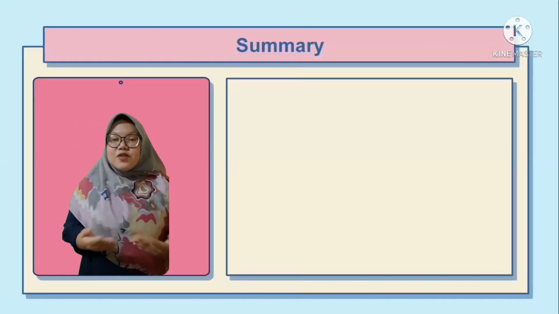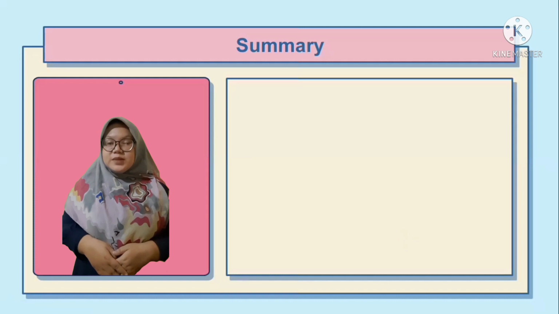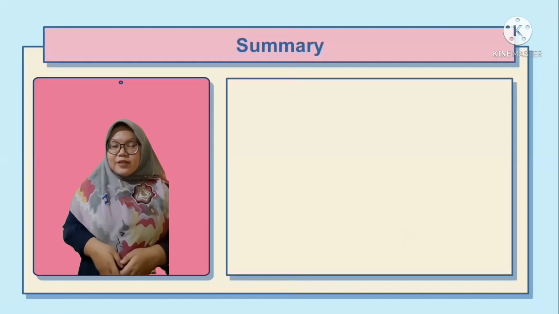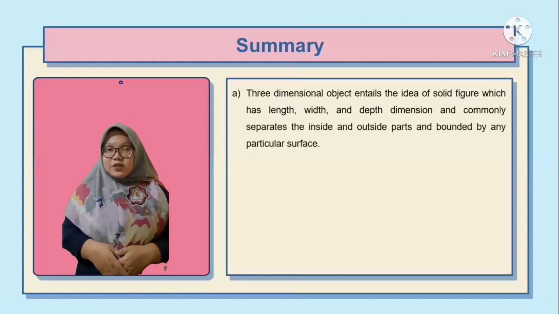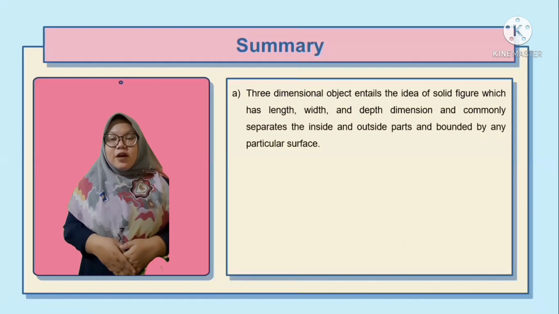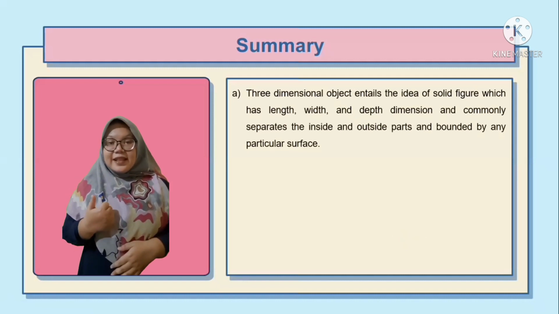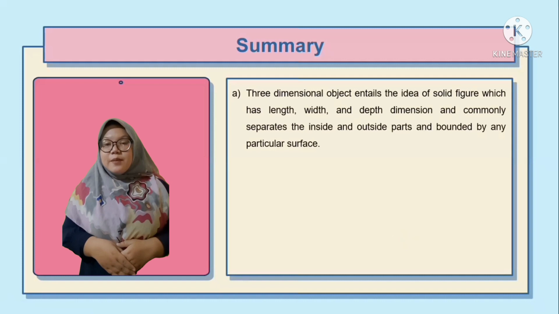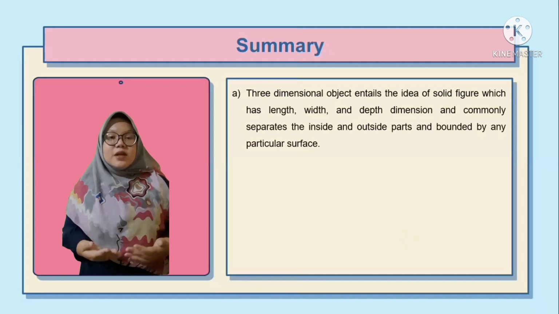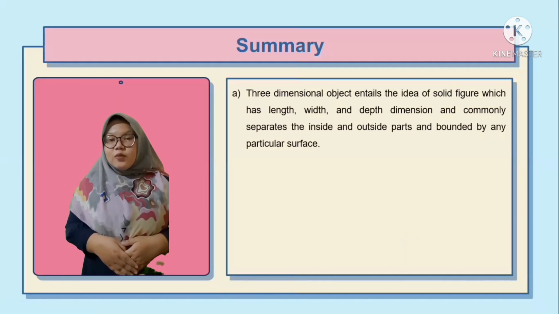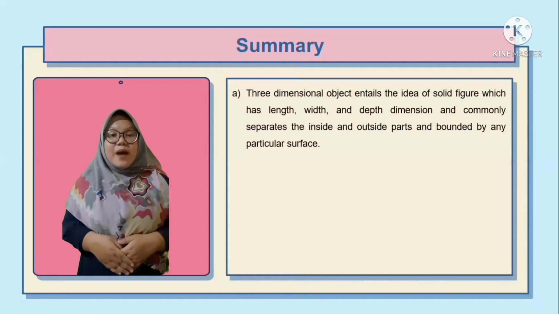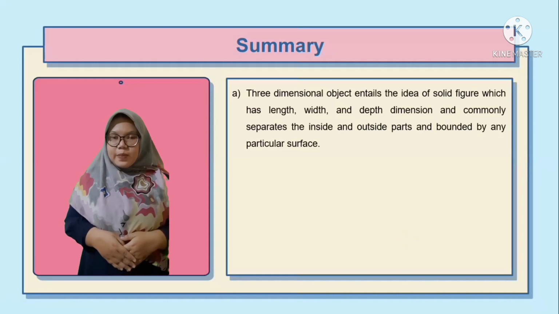Okay guys, from the exploration of three-dimensional objects, we can conclude that first, a three-dimensional object entails the idea of a solid figure which has length, width, and depth dimensions and commonly separates the inside and outside part and is bounded by any particular surface.